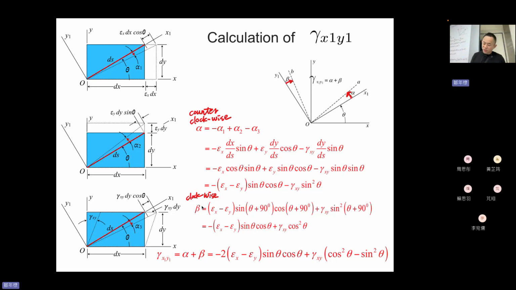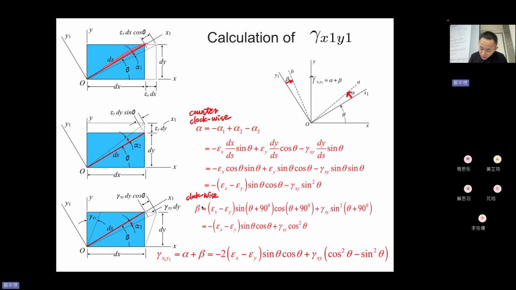Let's continue. So we focus on alpha first. Again, you have exactly the same element, and this is ds, the original oblique diagonal length, and then you change the epsilon x. We still need to get the three contributions, right? So epsilon x dx makes this rectangle longer, becoming the dotted shape.